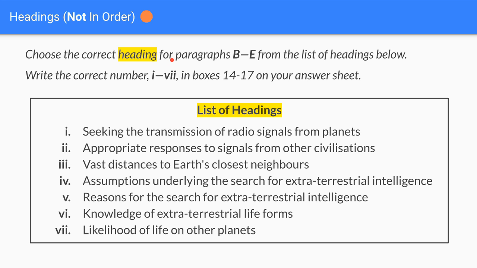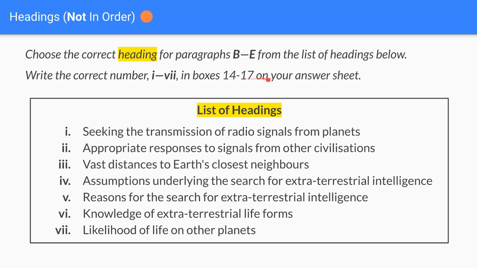Now, it's asking us to choose the correct heading for paragraphs B through E. So those are 4 questions, 14, 15, 16, and 17. And here are the paragraphs that we're going to be answering for: B, C, D, and E. So 4 paragraphs and 4 questions.